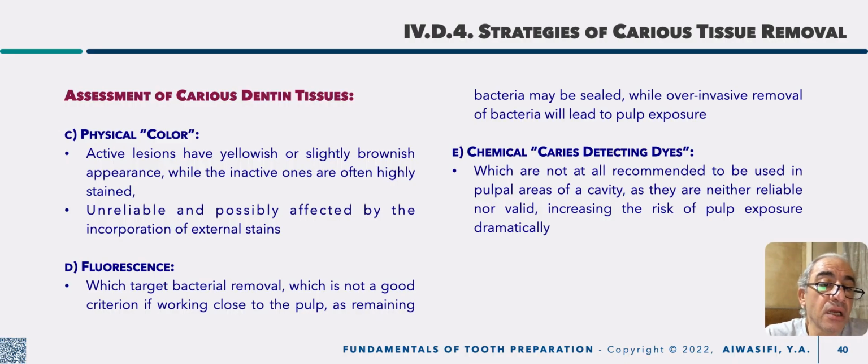Then comes your assessment, physical by color: yellowish or slightly brownish dentine, while the inactive carious lesion is highly stained, while the active carious lesion tends to be lighter in color as it is active and it runs in a very rapid way. That's why it doesn't have any chance to be stained either by food debris or metabolites of microorganisms.